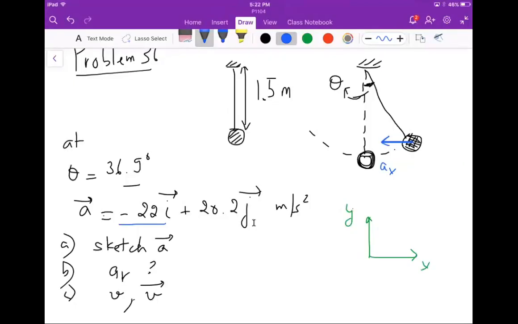Okay, it's minus 22.5 i here. So this is AX, and AY is given by 20.2 j. So the AY is pointing upward, just like the y-axis, and it's given by this value. So this is AX, and this is AY.